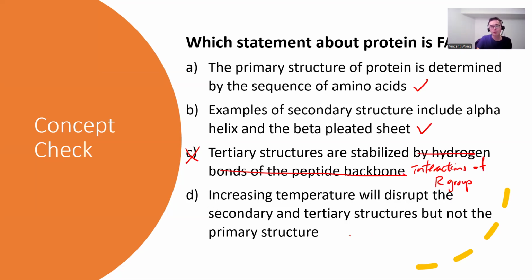Increasing temperature will disrupt the secondary, tertiary, and even the quaternary structure, but the primary structure is going to remain unaffected because the covalent bond is too strong for it to be disrupted by heat. So this is the false one, and that's the one we're going to choose. Any questions?